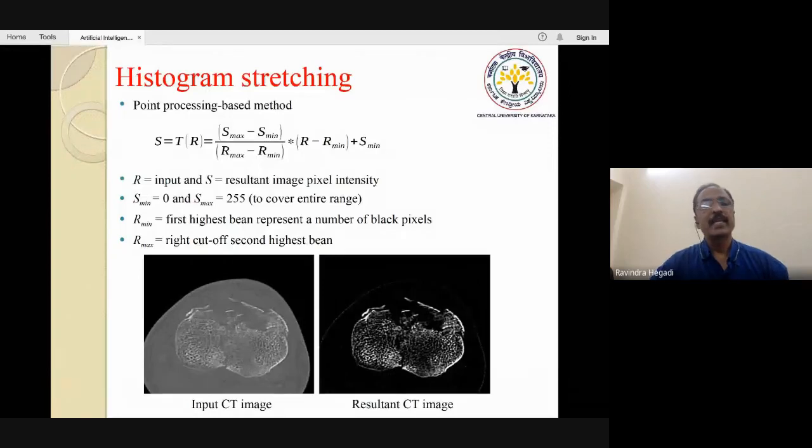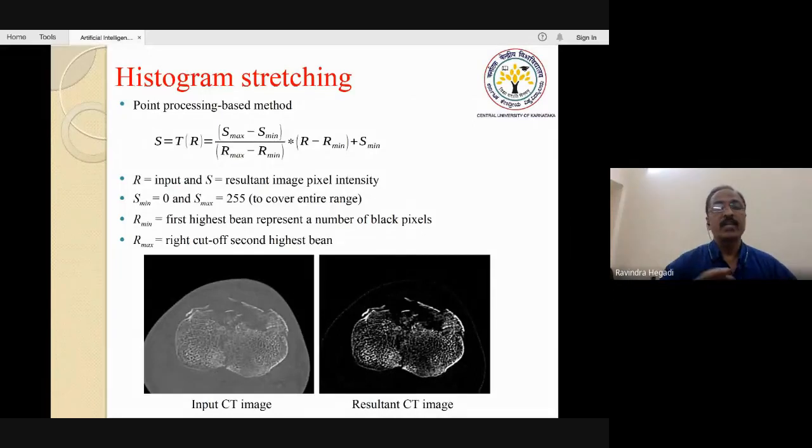Basically it is a simple expression. You can see any image processing book, there you can find this histogram stretching technique. Using the input and certain threshold values, we perform histogram stretching.